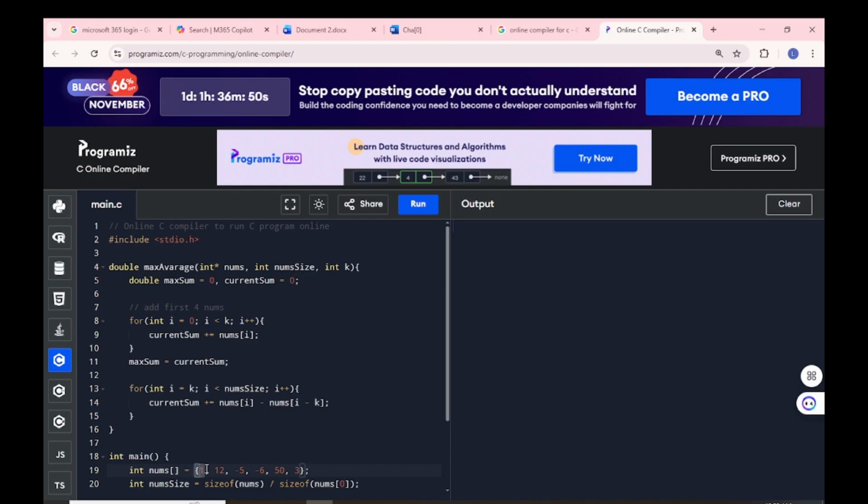So this one will be cancelled, right? So when you do the current sum, this first four is coming, and then this nums I, this 50, is being added, and then minus the first one. Okay, so this is how it will work guys.